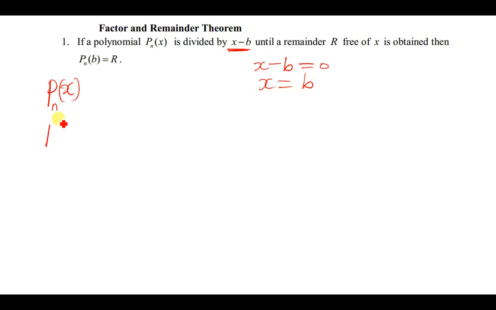So when you find p of b, the answer that you are going to find is what we call the remainder.